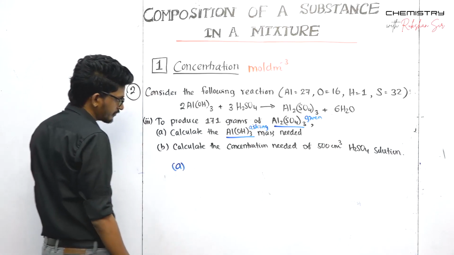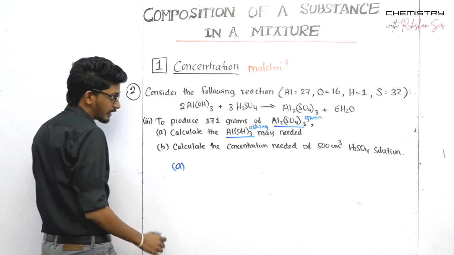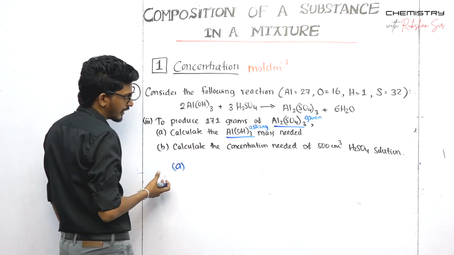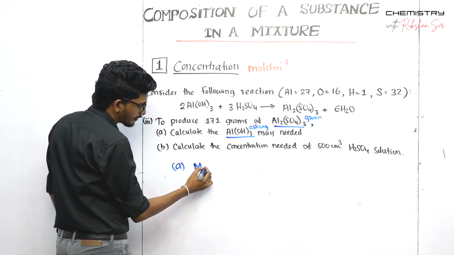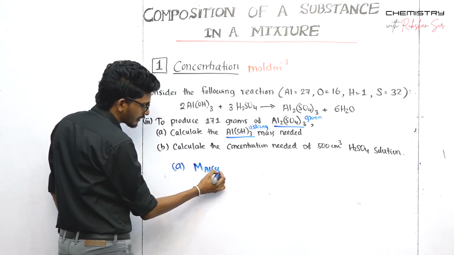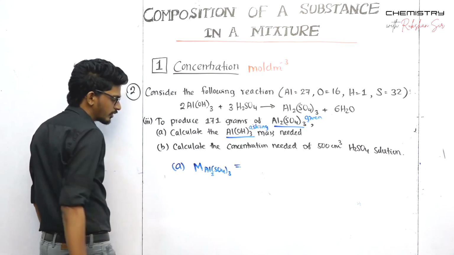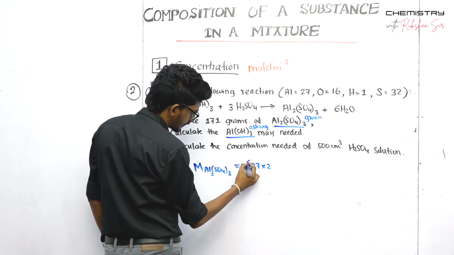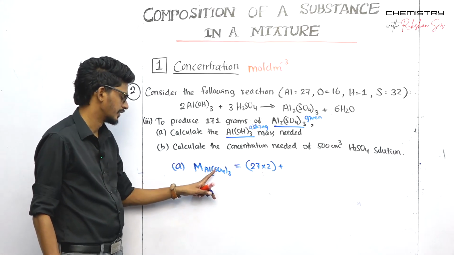Given is for aluminum sulfate. So first come up with the number of moles of aluminum sulfate. For that, its molar weight is needed. The molar weight of aluminum sulfate is 2 of aluminium, so 27 into 2, plus the sulfate into 3.